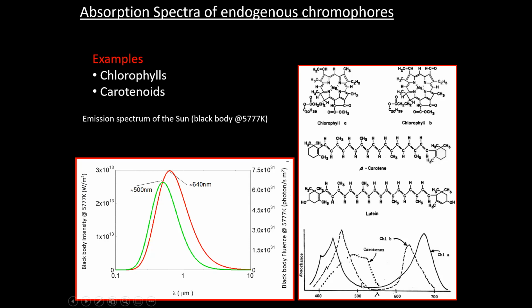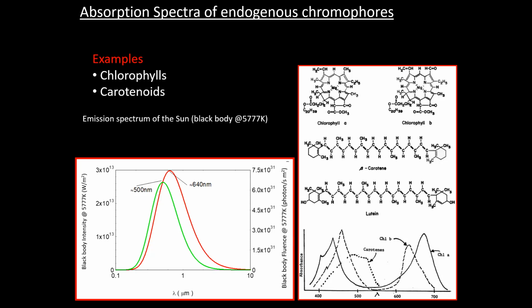Now, what would you expect concerning chlorophyll? Where should chlorophyll absorb light? To create an efficient leaf that is absorbing light, where should chlorophyll have its absorption maximum? If the sun is peaked at 500, where should it be?